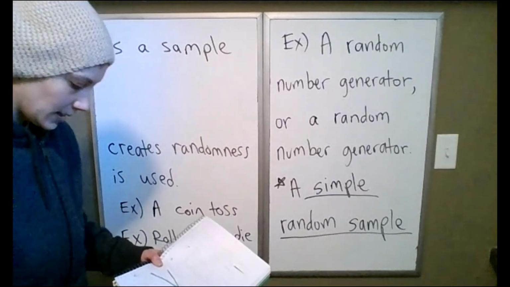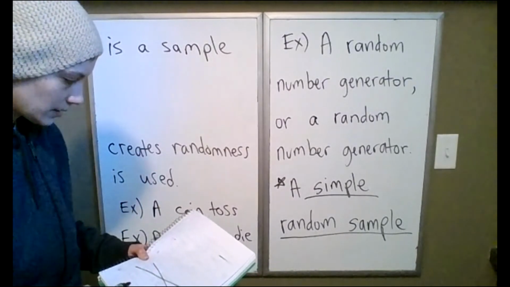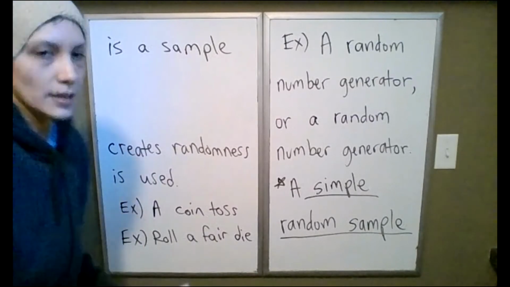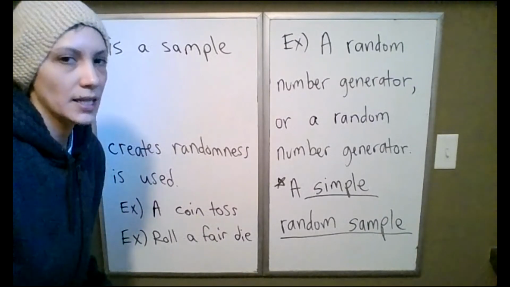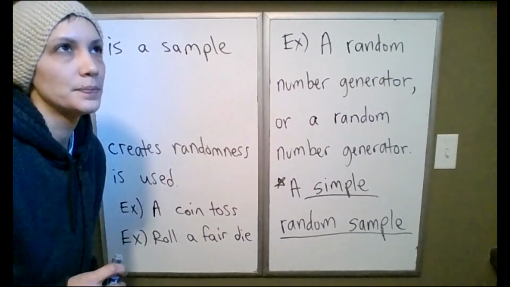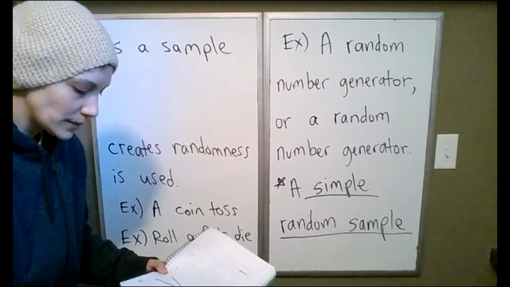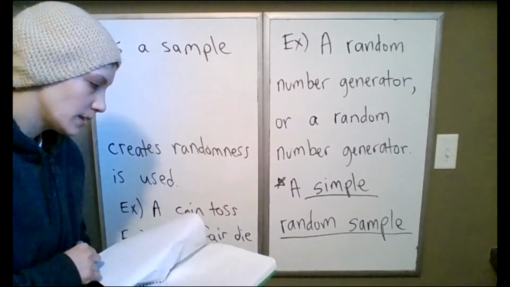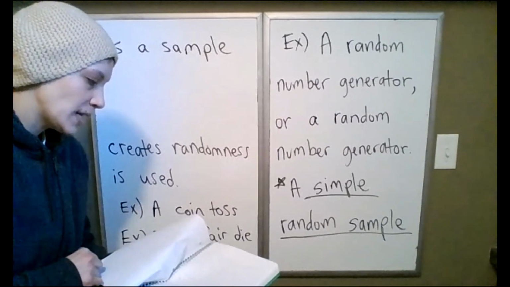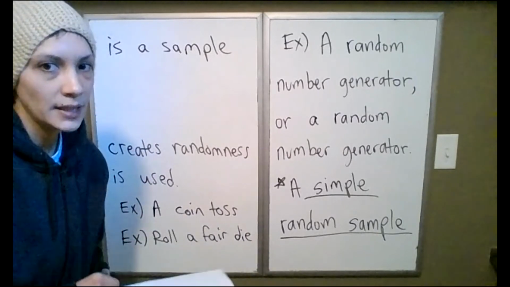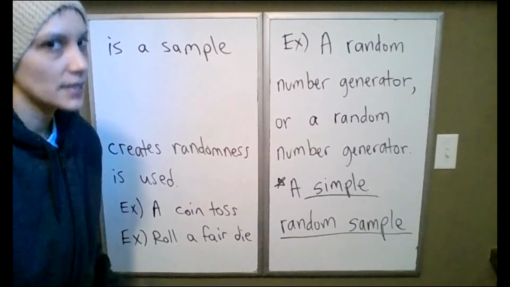Oh, I jumped ahead a little bit. It's okay. So a simple random sample is a sample that is obtained by simple random sampling, and then we'll define what simple random sampling is.